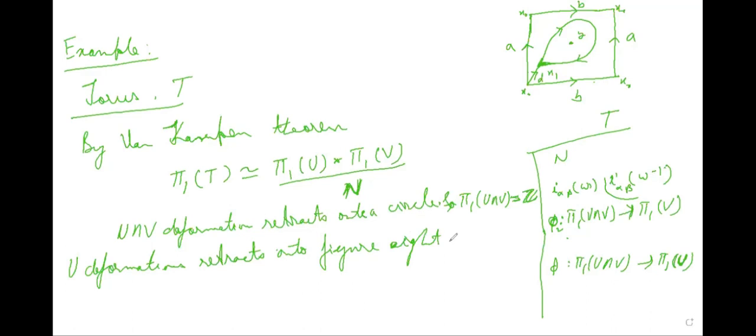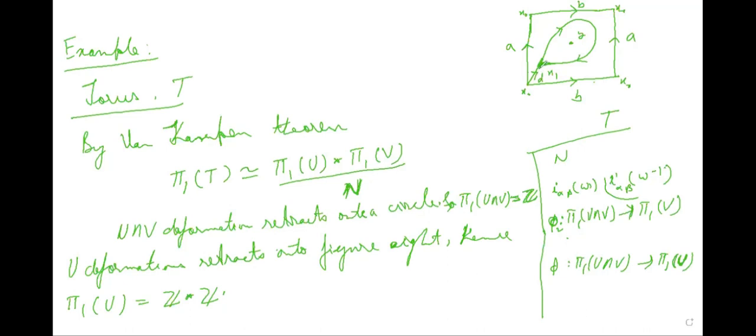Right? Hence pi 1 U is Z star Z, right? We have seen that the fundamental group of figure 8 is the free product of two copies of Z. Now you see how this map phi works, right?